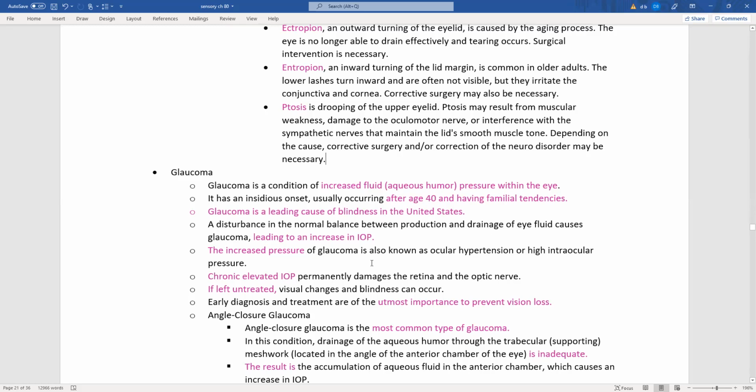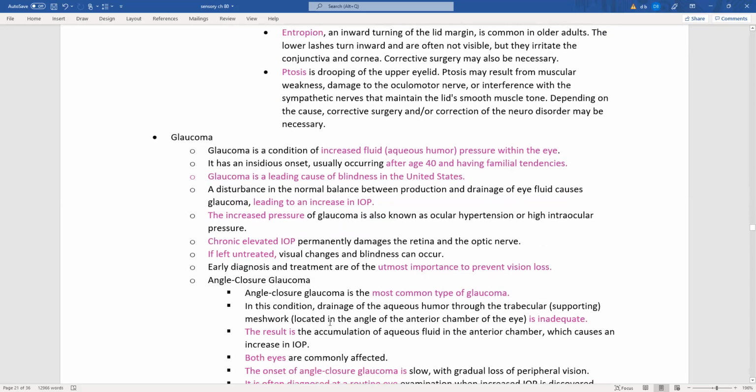The increased pressure of glaucoma is also known as ocular hypertension or high intraocular pressure. Chronic elevated intraocular pressure permanently damages the retina and the optic nerve. If left untreated, visual changes and blindness can occur. Early diagnosis and treatment are very, very important to try to prevent the loss.